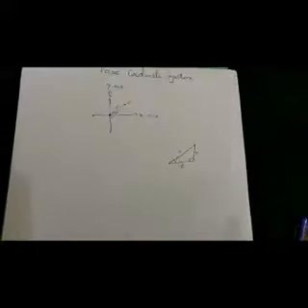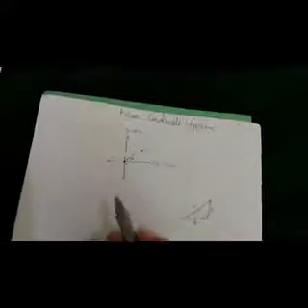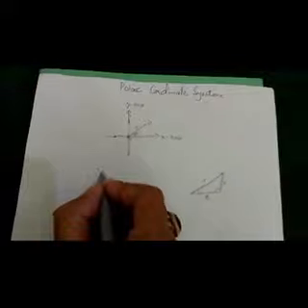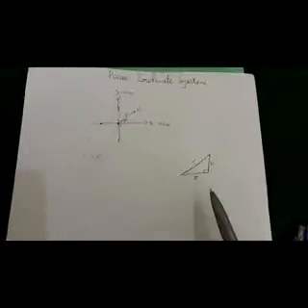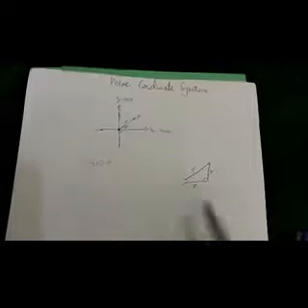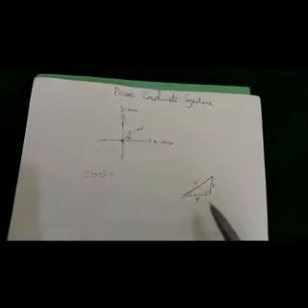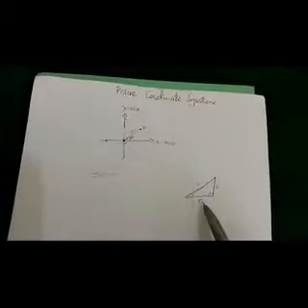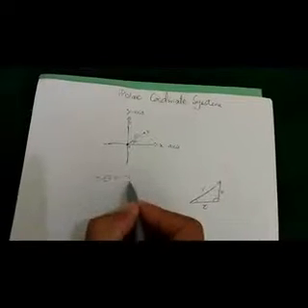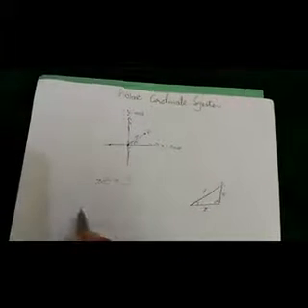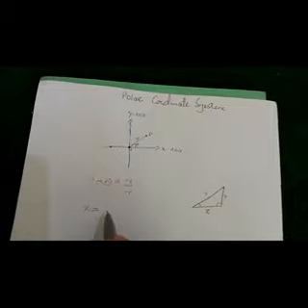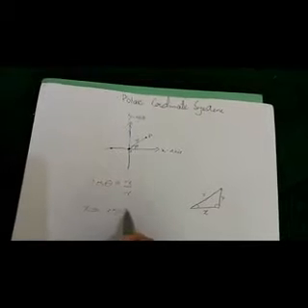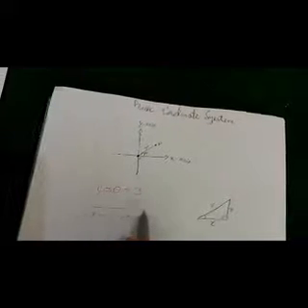Look here, what will be the cos of theta from this triangle? Absolutely, base upon hypotenuse, x upon r. Well done. So x will be equal to r cos theta.